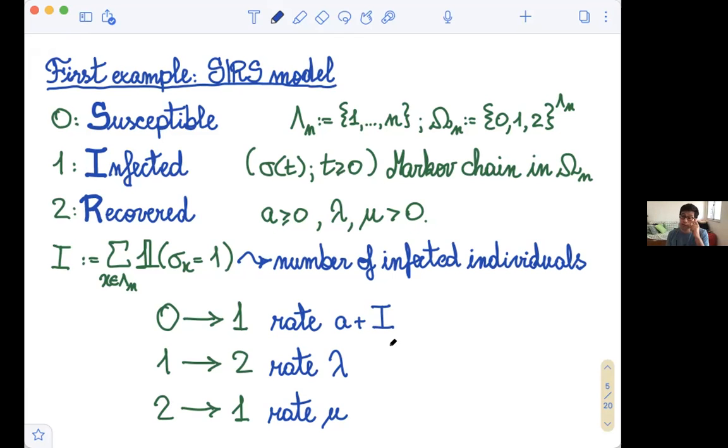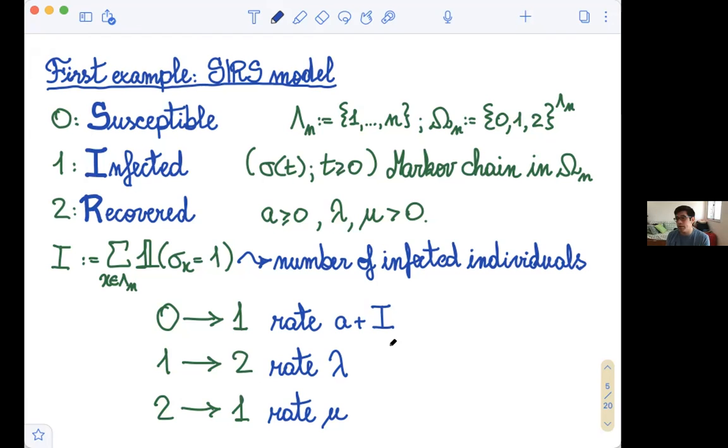So these are the rates. You go from 0 to 1 with rate A plus I, where I is the number of infected individuals in your current configuration. Okay, and then an infected guy gets recovered at rate lambda. And then a recovered guy loses their immunity with rate mu, and becomes susceptible again.